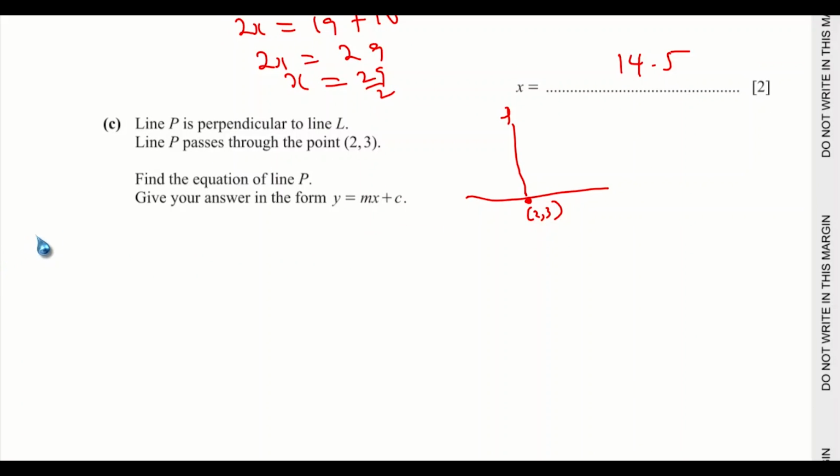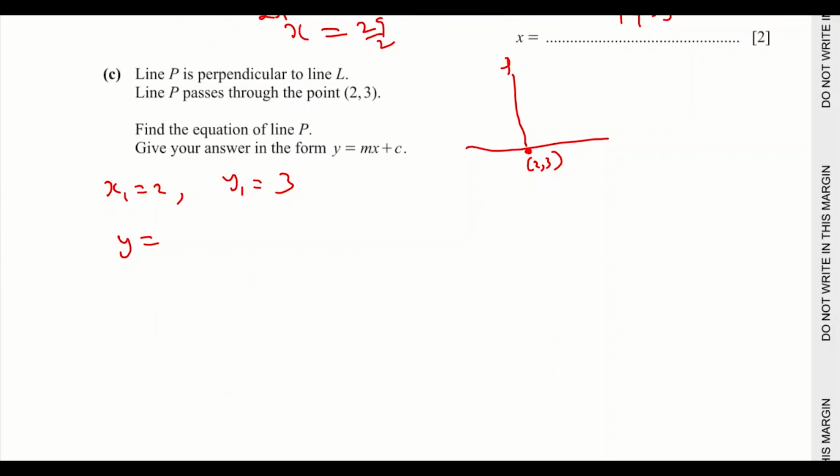We can take x1 to be equal to 2 and y1 to be equal to 3. We need to find the gradient of line P. From the equation of line L, we have y equals 2x minus 10, so this is the gradient. It is 2 out of 1.